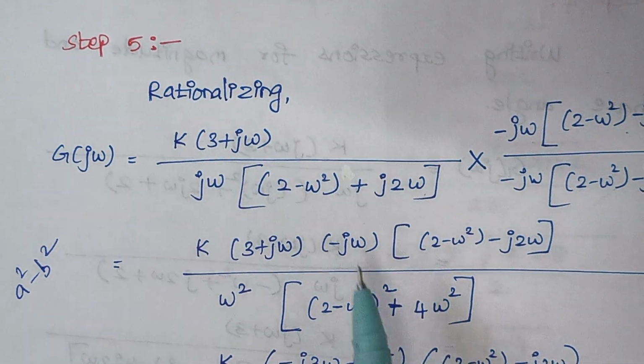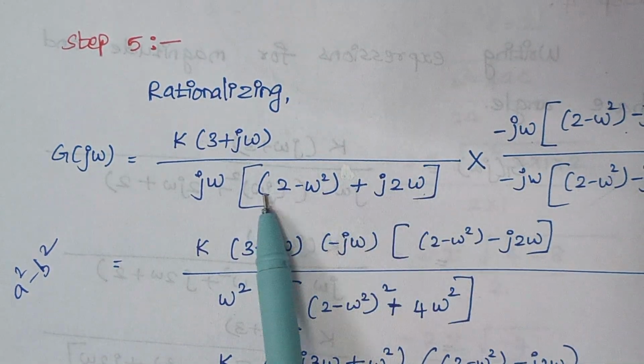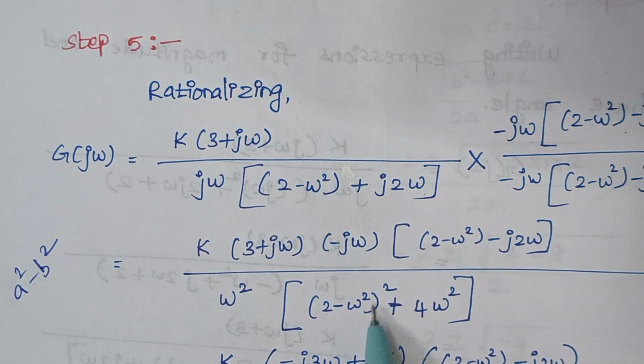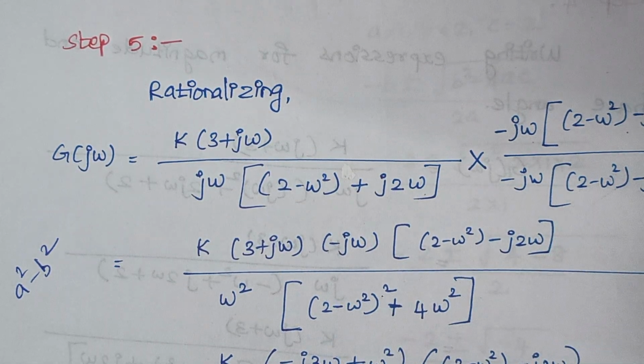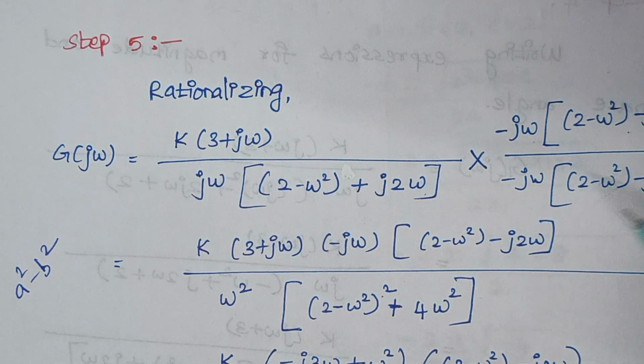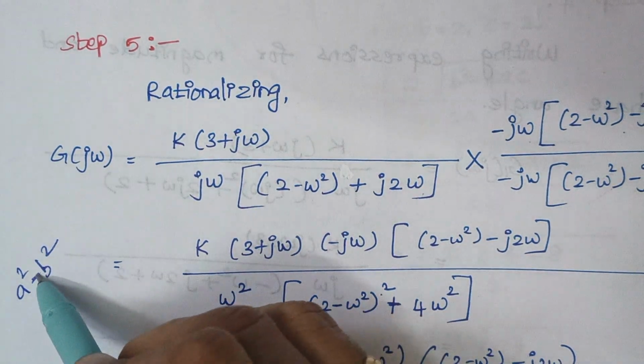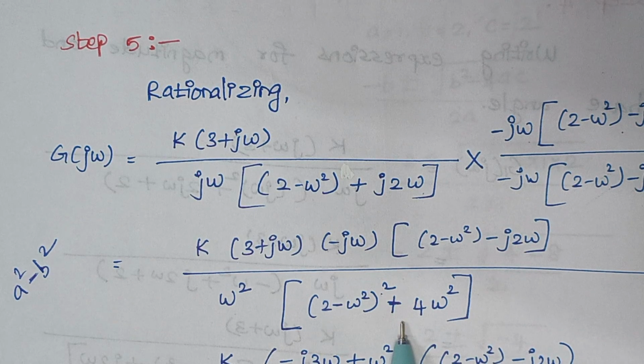So here a is 2 minus omega square. So 2 minus omega square whole square, and b square is j2 omega. So j2 omega whole square gives you minus 4 omega square, and here I am having another minus, so that becomes plus here, right?